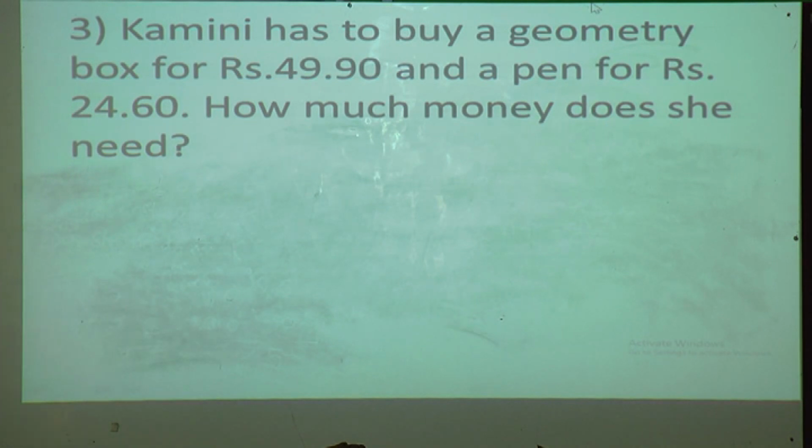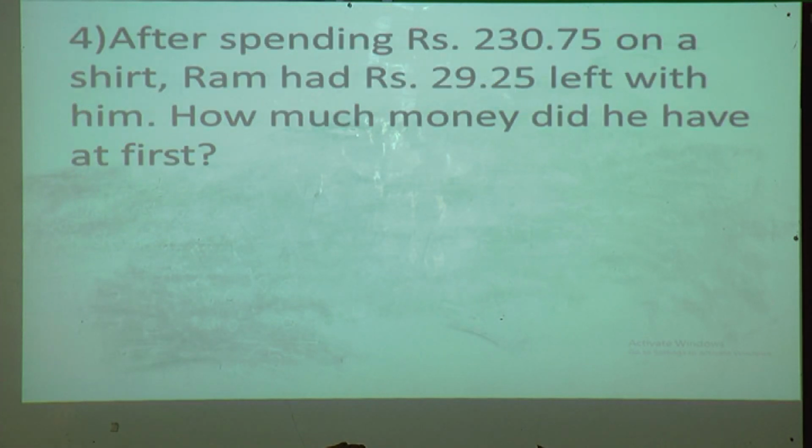Now see the next example, that is the fourth one. After spending rupees 230.75 on a shirt, Ram had rupees 29.25 left with him. How much money did he have at first?